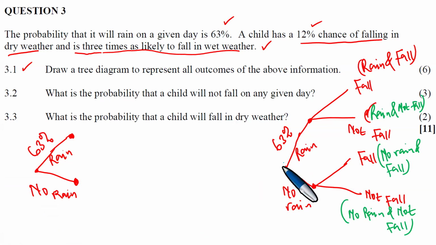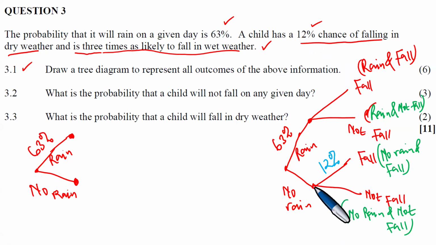Now, the child has a 12% chance of falling in dry weather. What does it mean? Whenever there is no rain, we understand that potentially there is dry weather, and therefore there is a 12% chance of the child falling.